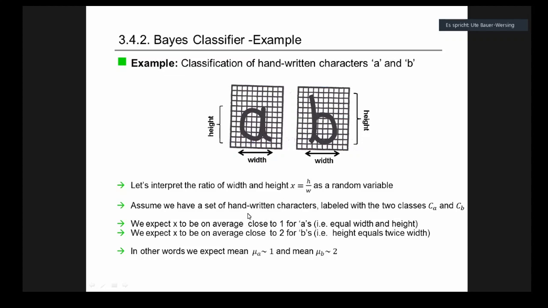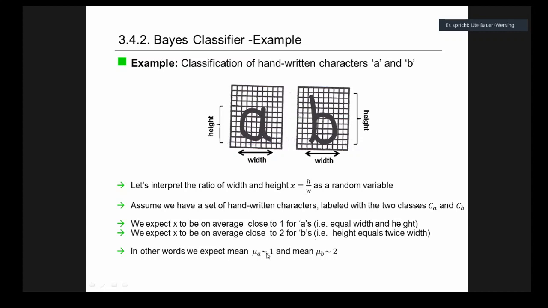So we would expect our random variable on average to be close to 1 for A's, because we assume equal width and height. And for the B's, we would expect the average to be roughly close to 2, because it's 2 times higher than it is wide.